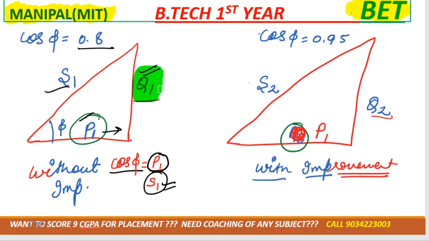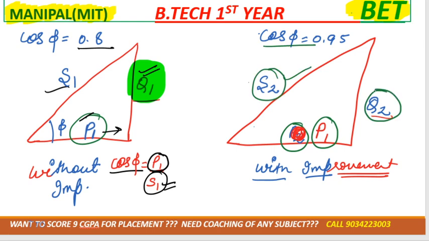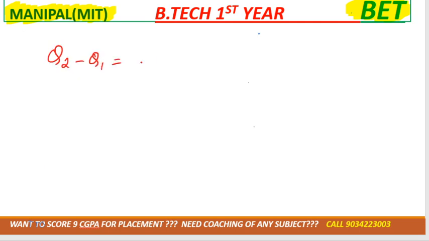Similarly, if you know P1, if you know cos phi, can you get S2? And if you know S2, can you get Q2? So the final conclusion is Q2 minus Q1 is equal to V square by XC.